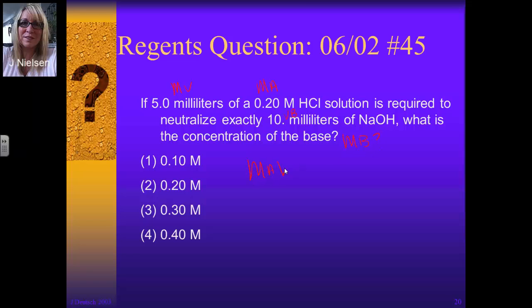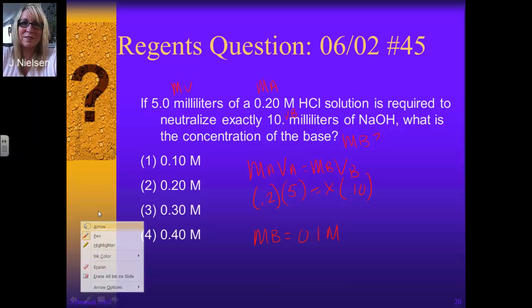So MAVA equals MBVB, so I've got 5 mL, and I've got 0.2 molar equal to X times 10. So I've got 0.2 times 5 divided by 10, and I get MB equal to 0.1 molar. And that is my answer.